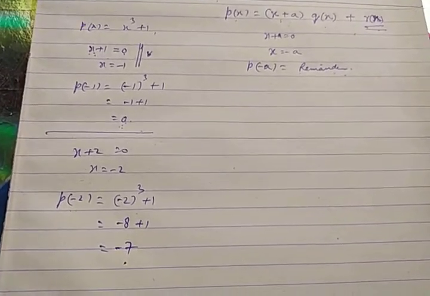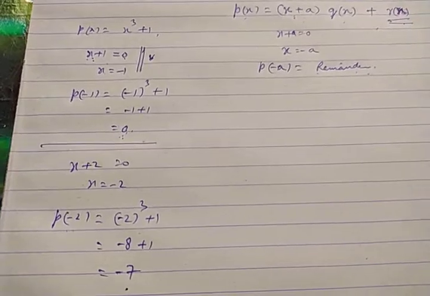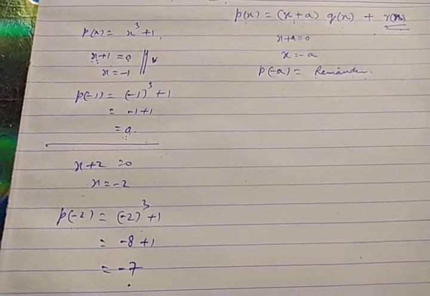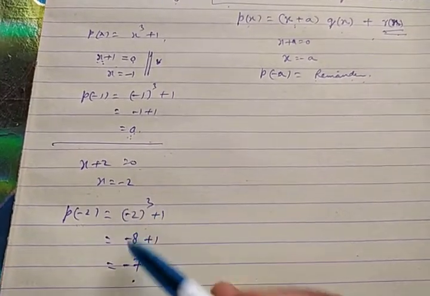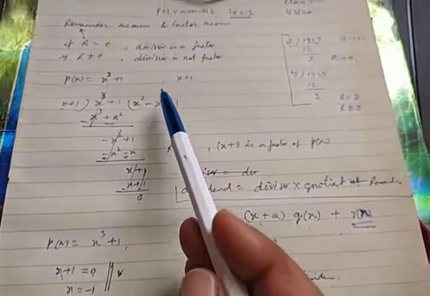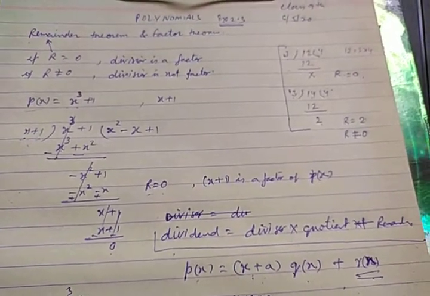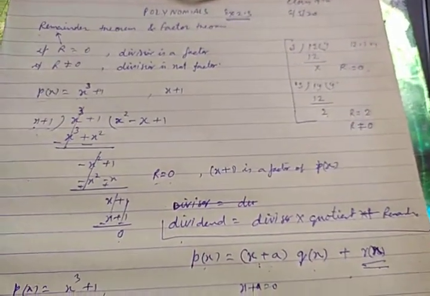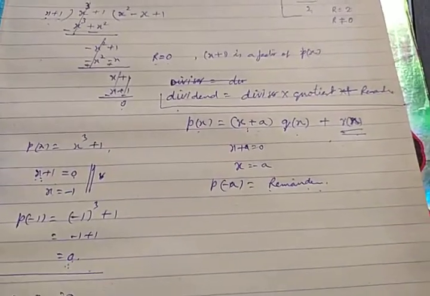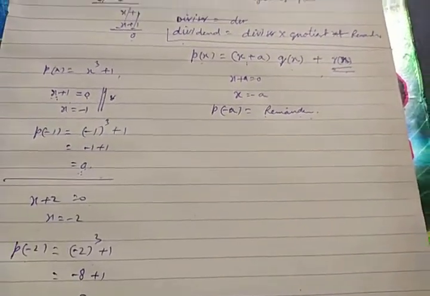Remainder may come 0, may not come 0. If the question arises whether it is a factor, then you will observe whether it is 0 or not. So when it is coming 0, this becomes the factor theorem. If the remainder is not coming 0, you can say it is the remainder theorem. The process of obtaining the remainder will be the same which I have explained.